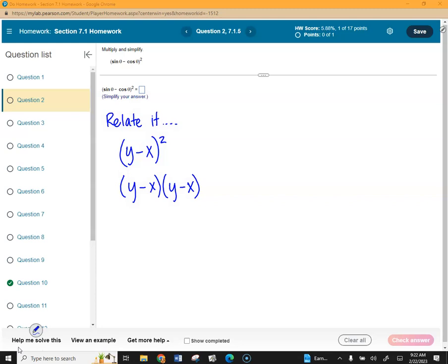You can use the distributive property, or because it's a binomial and a binomial, you can do first, outer, inner, last. Some people like that. So first, outer, inner, last will be y squared minus xy plus x squared.